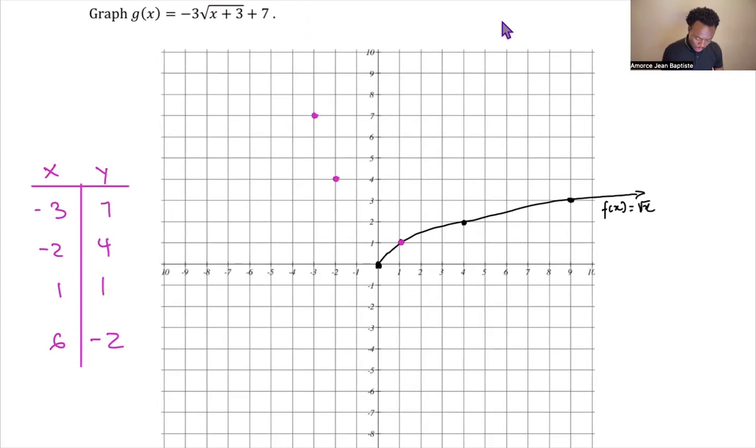And then 6 is -2. And then we can just connect the dots and follow the pattern.